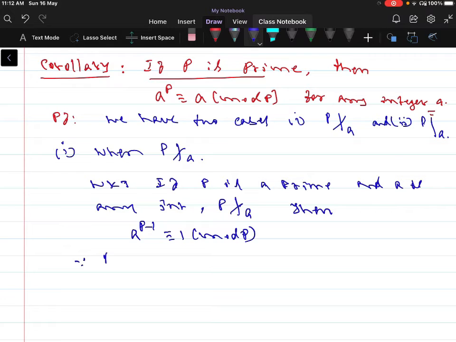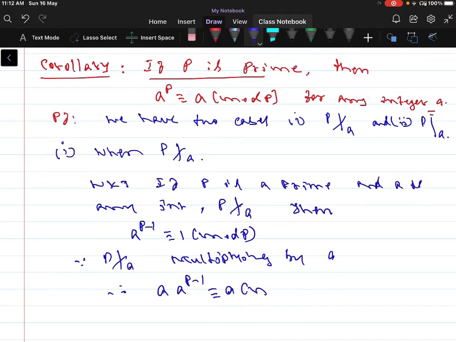Since p does not divide a, multiplying throughout the equation by a, therefore a into a to the power p minus 1 is congruent to a modulo p.